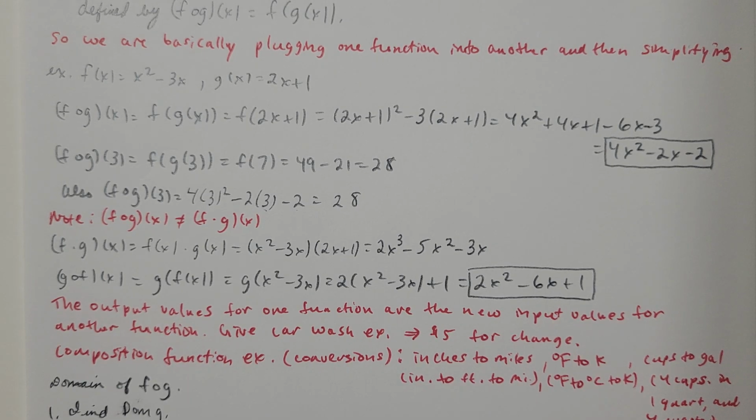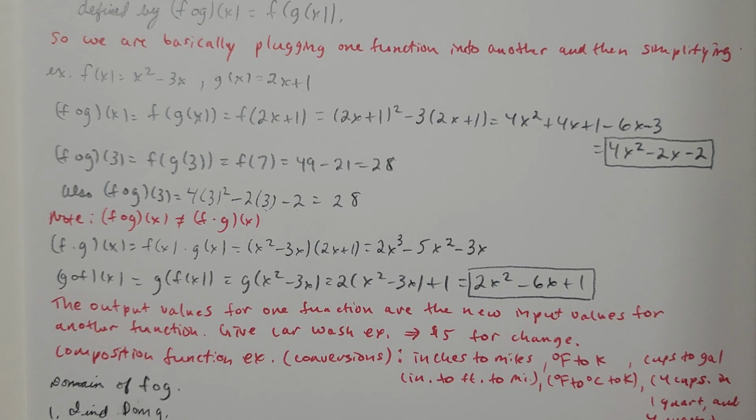Okay, and we'll talk about inverse functions in section 1.6. Okay, but just know that you're doing two different things, and so it wouldn't be surprising to us to get two different results there. Okay, now there are many real life examples of function composition.